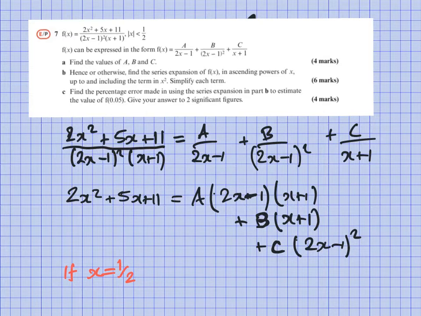A half plus 5 over 2 is 3. Plus 11 is 14. Equals, now a half going into there will cancel that bracket completely, and it will cancel that bracket completely. So I get 3 over 2 b. 14 equals 3 over 2 b, which means that b equals 28 over 3.